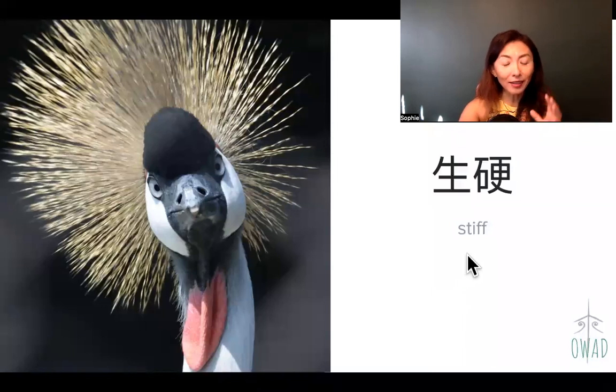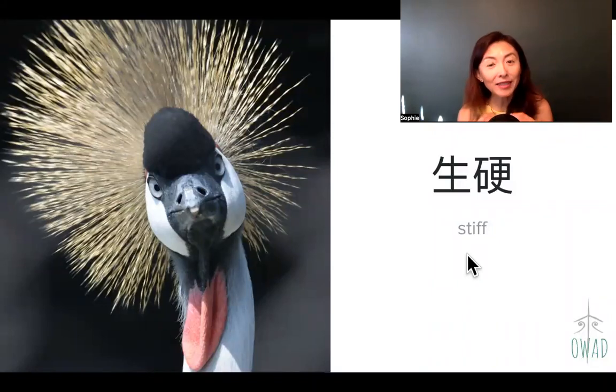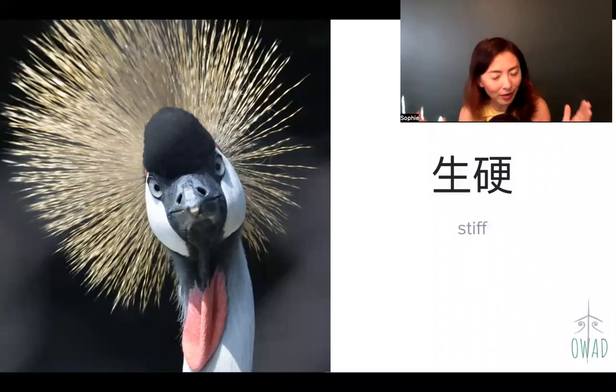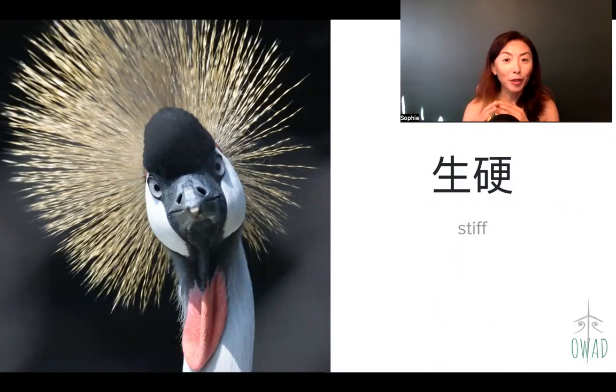Stiff, 生硬. It actually means linguistically, it's stiff. It means you're being critical to somebody and not very sensitive, not very caring in your comments, which is a very Chinese thing to do. You're just giving out your 2 cents without consideration of whether that would hurt anybody.